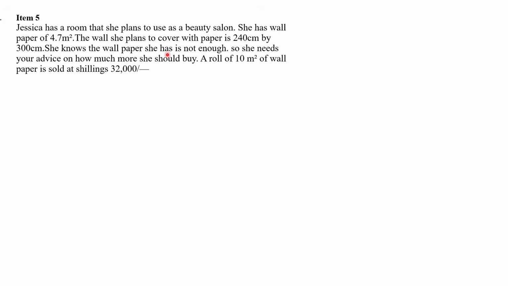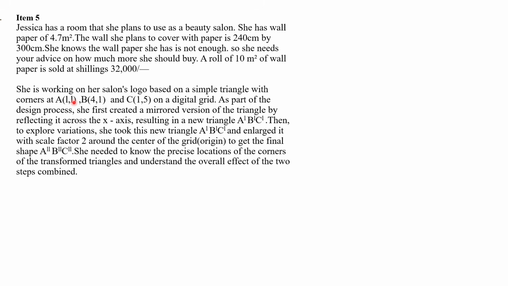She knows the whole paper she has is not enough, so she needs your advice on how much more she should buy. A roll of 10 square meters of wallpaper is sold at 32,000. So here, we shall proceed.